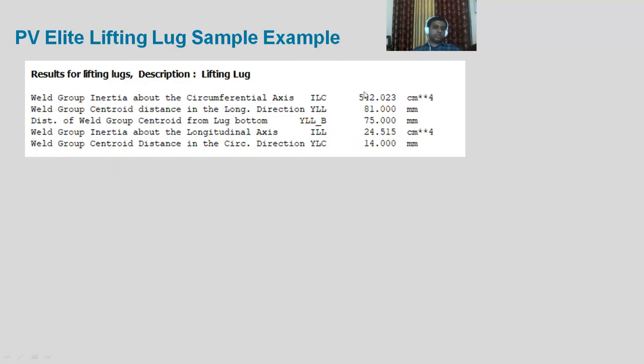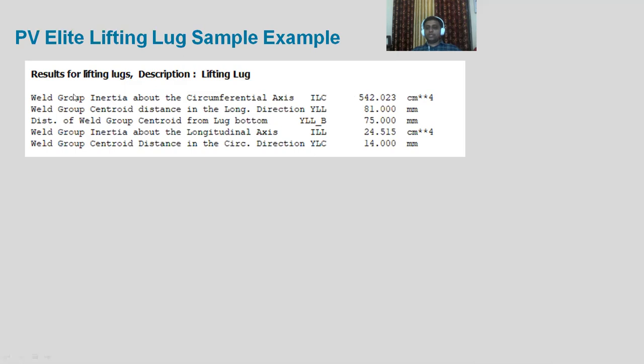Based upon the inputs we have put in, the software has worked out these values. Now, whether you have put in correct values and it has understood and taken the correct value or not, how do we cross check that? So we are going to calculate these values manually, and then cross check with these values, and then we'll understand whether these values are according to our assumptions and the variables we have chosen.